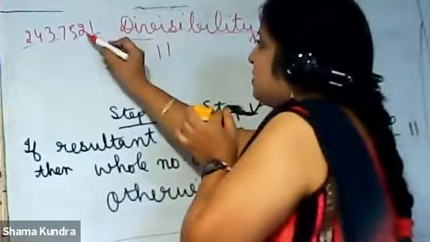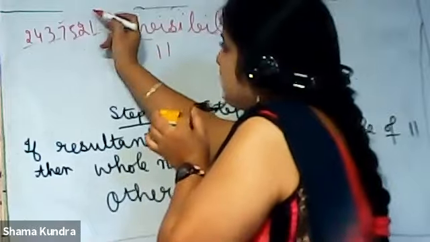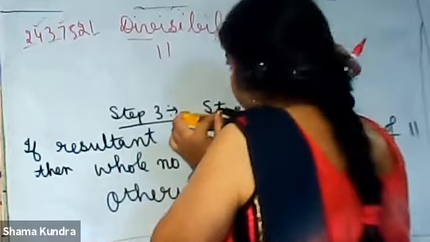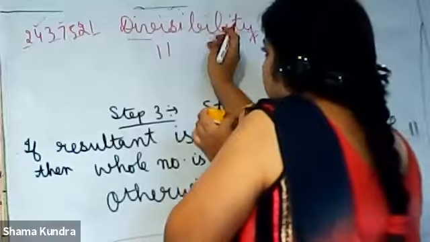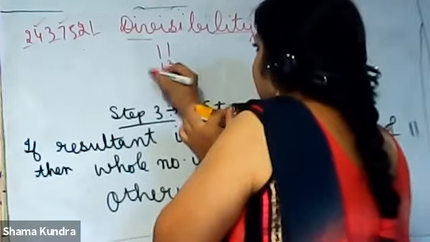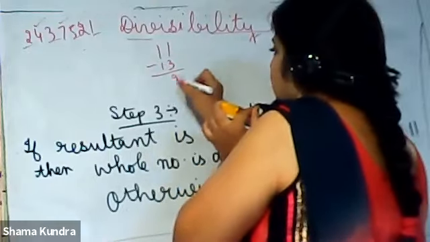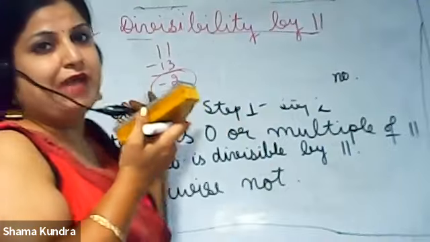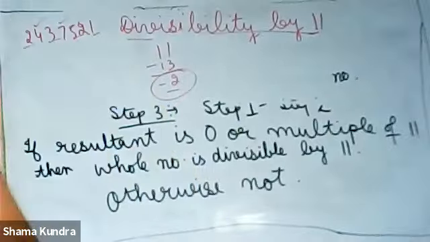Now even places: 2 plus 7, 9, 9 plus 4, 13. 11 minus 13, it is minus 2. The resultant is neither 0 nor a multiple of 11. So the given number is not divisible by 11.